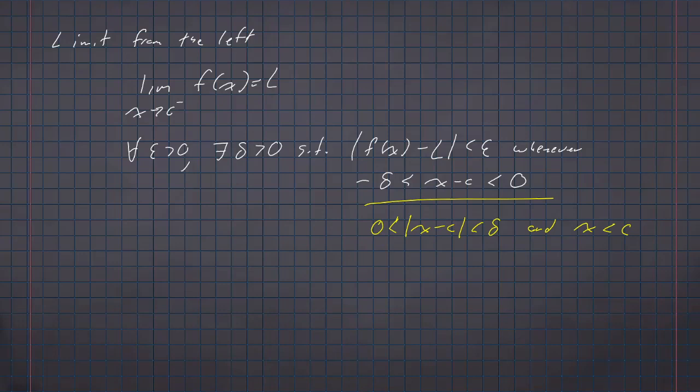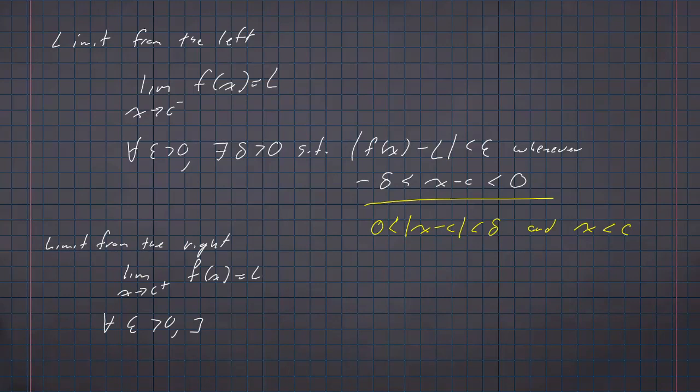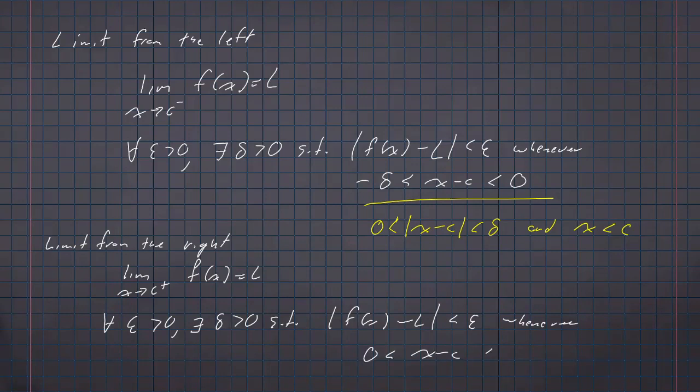And we can define the limit from the right basically the same way. The limit as x approaches c from the right, which we denote with a superscript plus, of f of x is equal to L, means that for all epsilon greater than 0, there exists delta greater than 0 such that the absolute value of f of x minus L is less than epsilon whenever 0 is less than x minus c is less than delta.